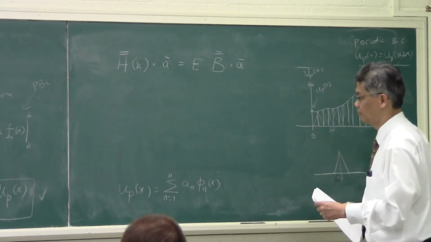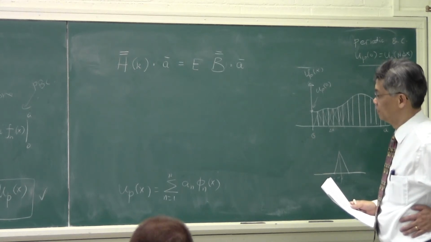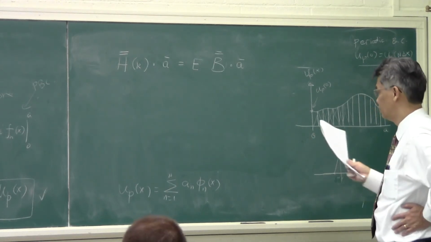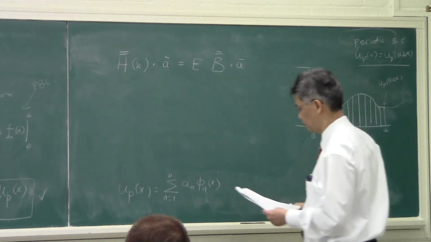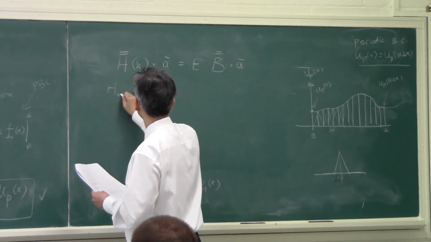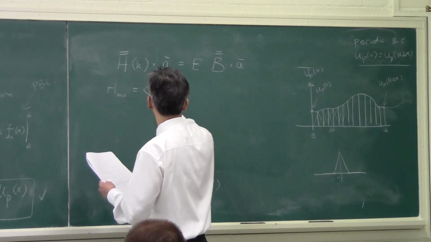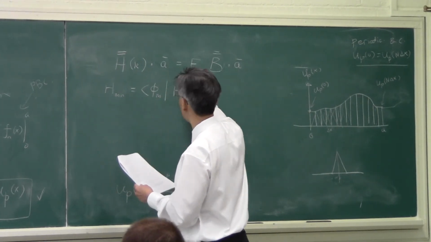We have figured out how to use a subspace projection method to convert a differential equation into a matrix equation. And then an element of this matrix is just the matrix representation of this operator.